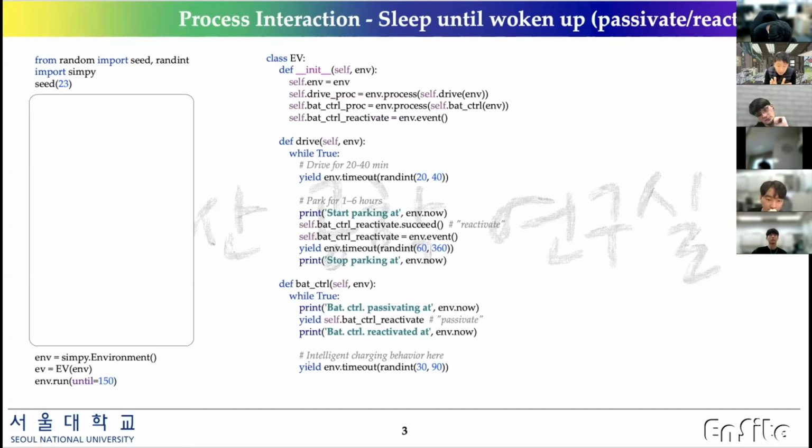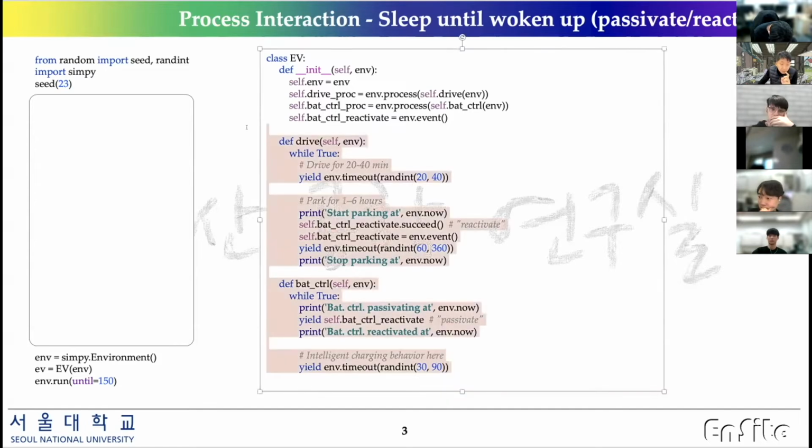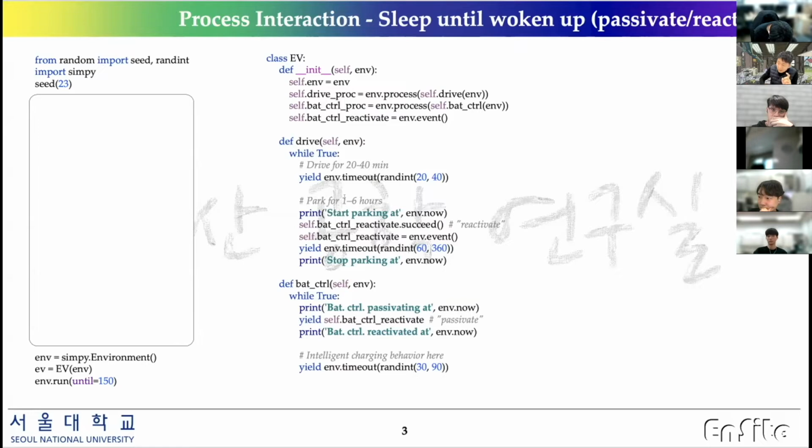For example, if the charging time is 90 minutes, but the parking duration is generated as 60 minutes, this case cannot be created in this example. Let's see what happens in this example.